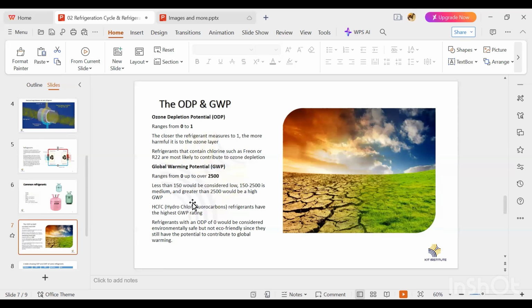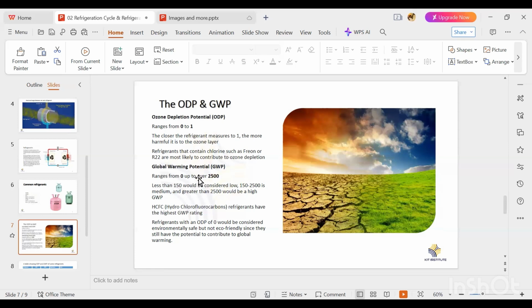Or if a refrigerant has a good value in global warming, it doesn't indicate that it has no problem with the ozone layer. So you always have to look at these two figures as you're picking a refrigerant.